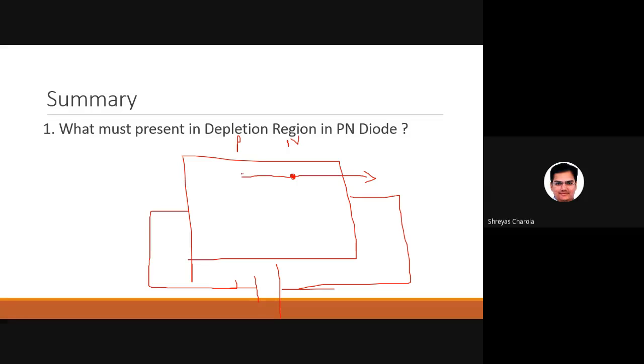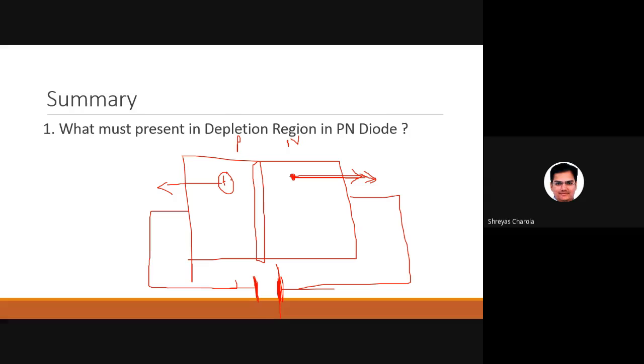Instead of going in this direction, they will move in this direction. Why? Because this positive charge, which you applied from the battery, will attract the electrons in this direction, and this negative charge will attract the holes in this direction. So what happens? The depletion region, which previously was like this.